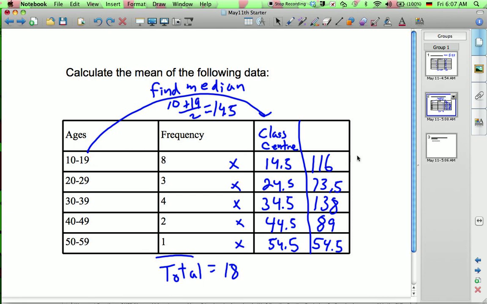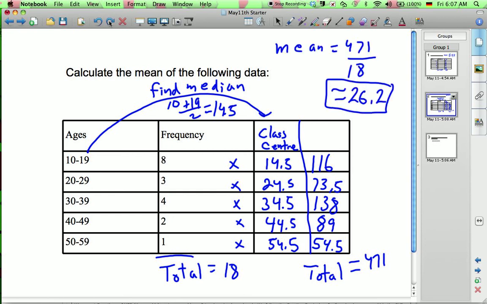And add together these ages here to get the total of the ages. We get 471. So to get the mean, we take 471 divided by 18. And that's about 26.2. And remember, that's just an estimate because we estimated the ages in each of the intervals. So that's how you find the mean of data in a frequency table.